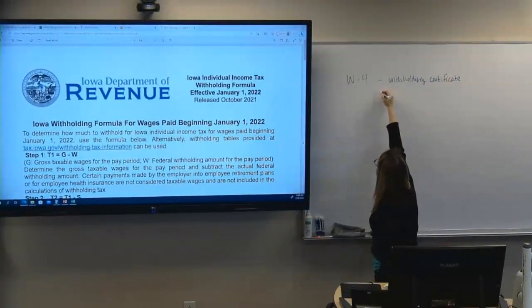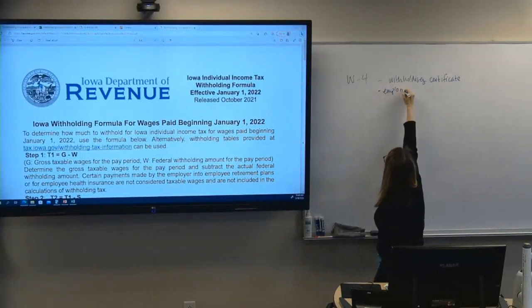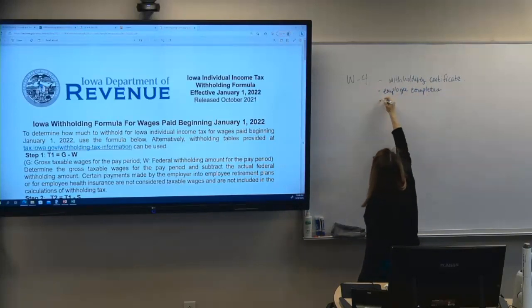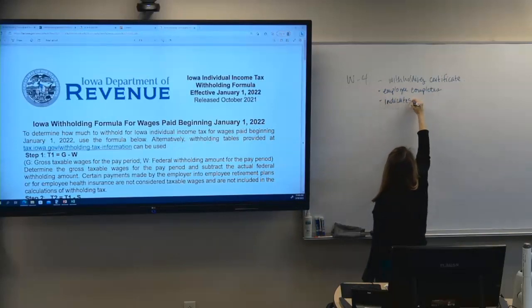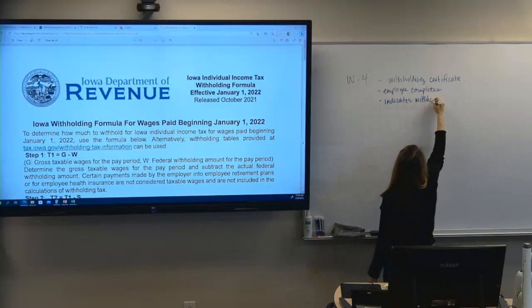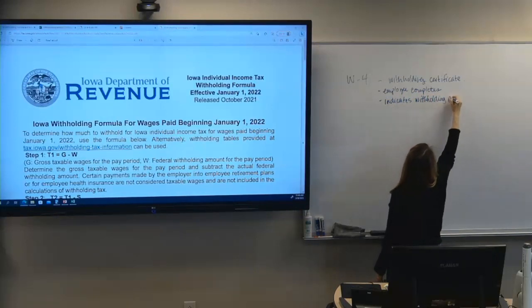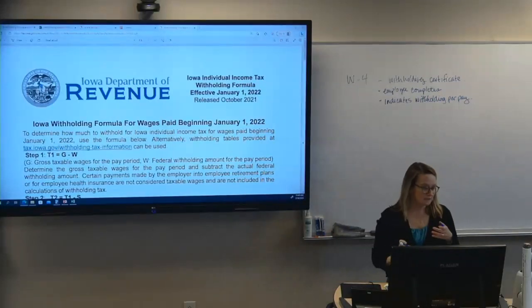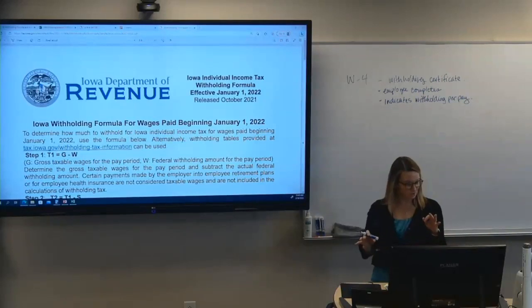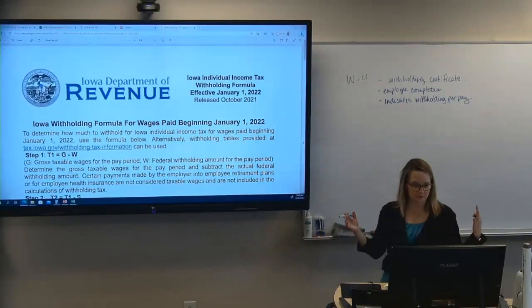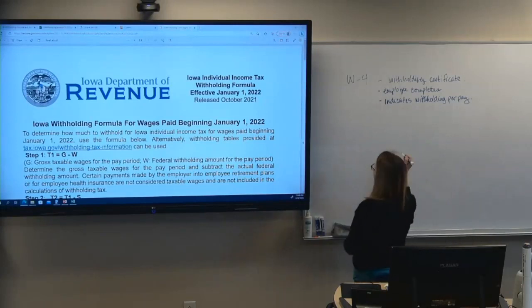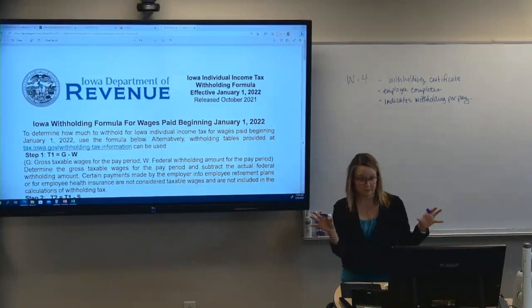Okay, this is filled out by the employee. And the W-4 indicates withholding per pay. Okay, so that's the W. It's really easy to get the W-4 and the W-2s mixed up. Even those of us who have been working in it for years sometimes still interchange these terms. So that W-4, again, filled out by the employee.